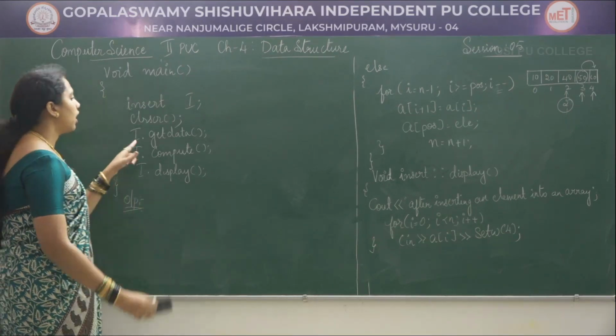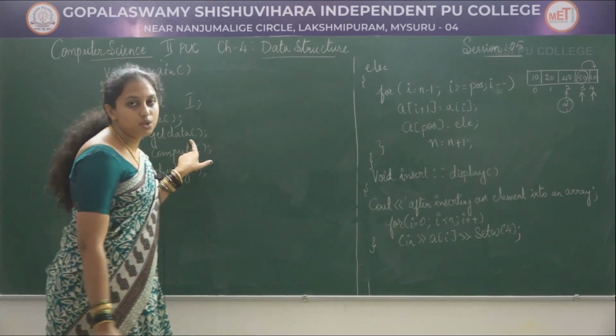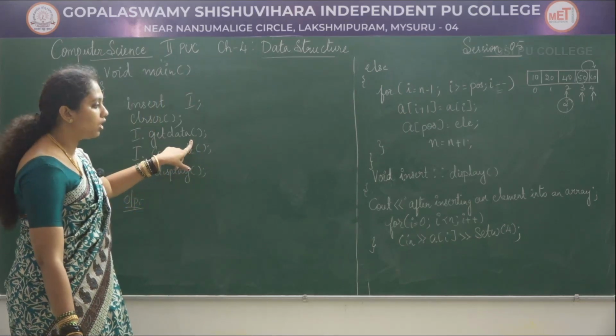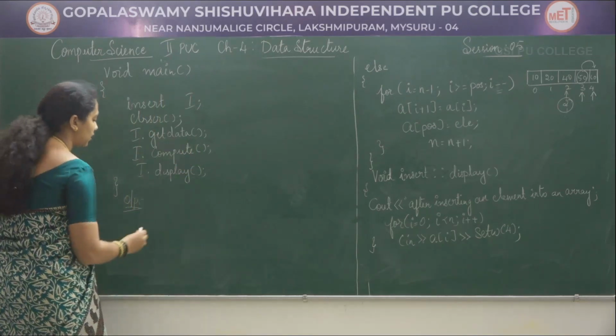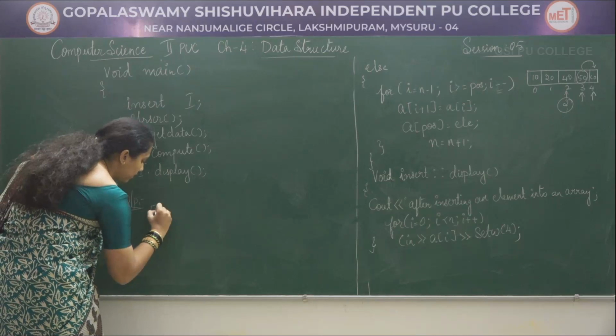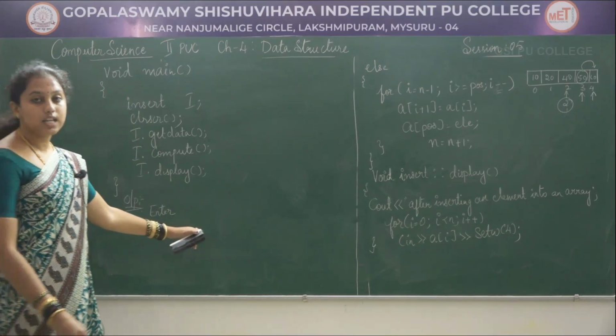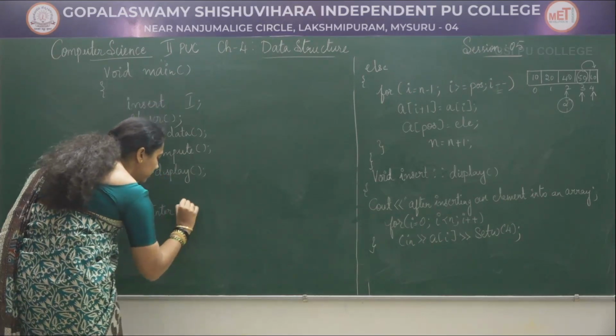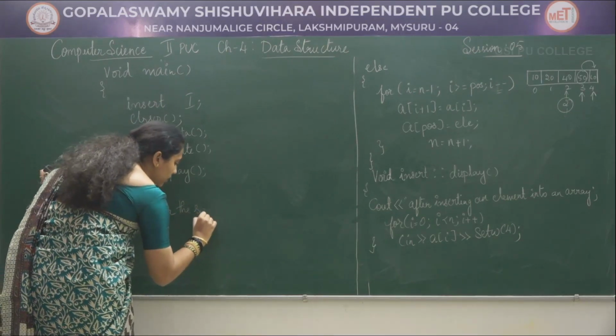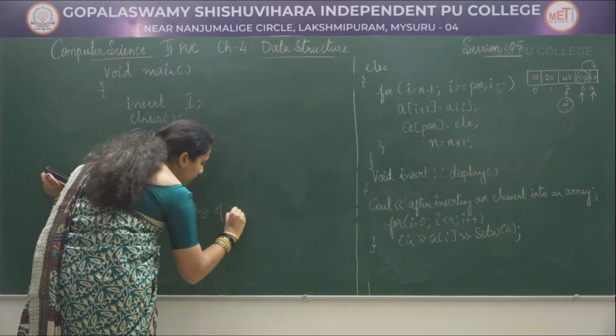So what is the output for this program? So I dot getdata. So the getdata function is called. In the getdata function, first we are asking the user to enter the size of an array, right? Enter the size of an array.